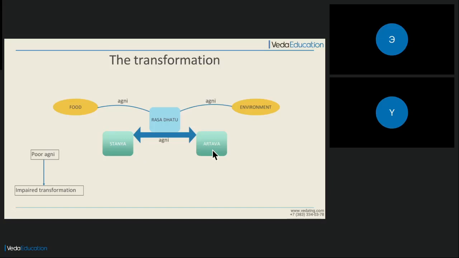And Arthava includes the hormonal system, which is related to the reproductive system of a woman. It includes the anatomical as well as the physiological aspect of the whole of the reproductive system. It includes the hormonal effect of thyroid, insulin, growth hormone, progesterone, estrogen, oxytocin, all of this.